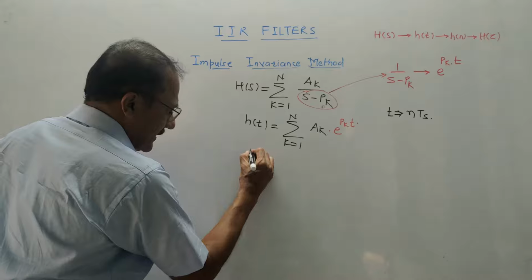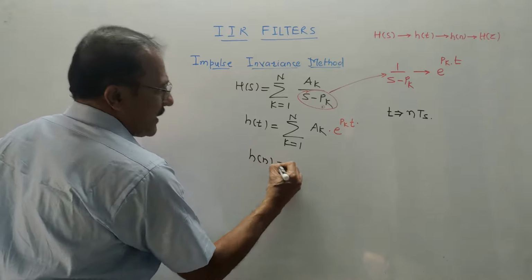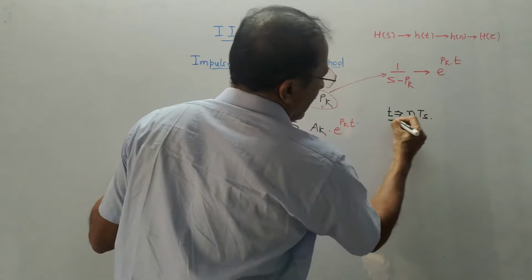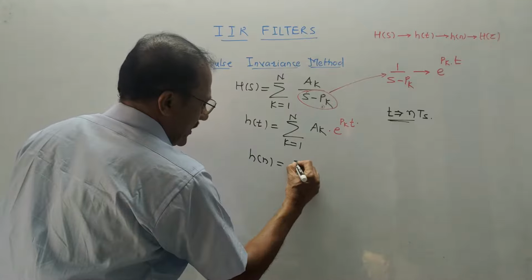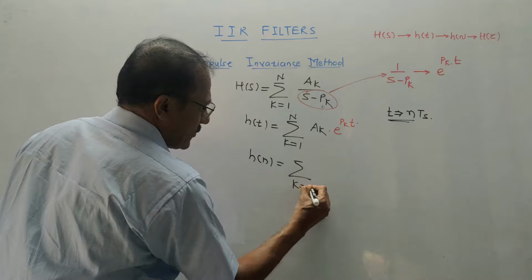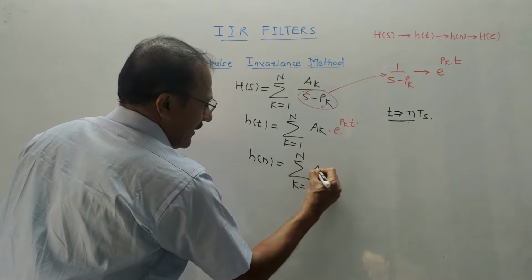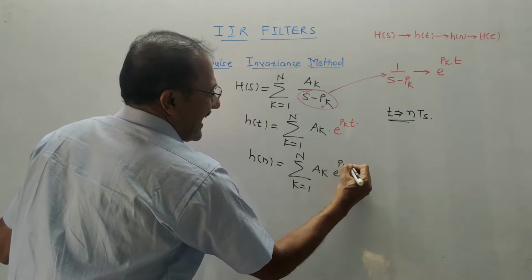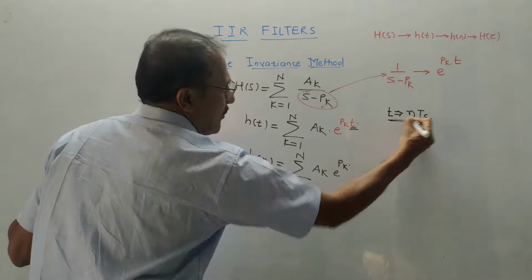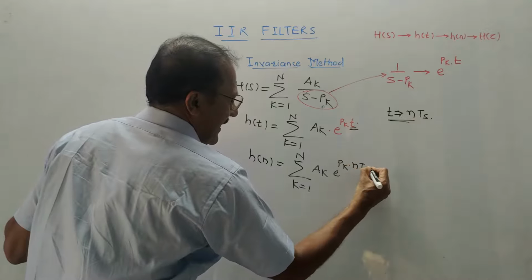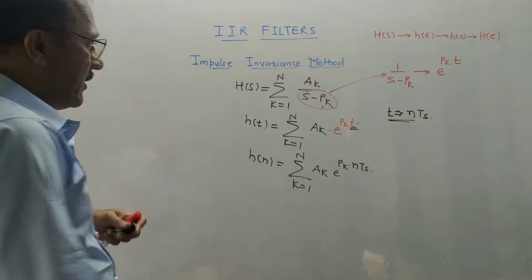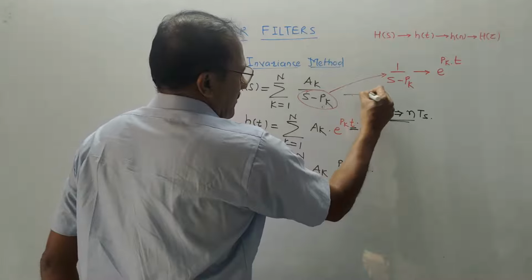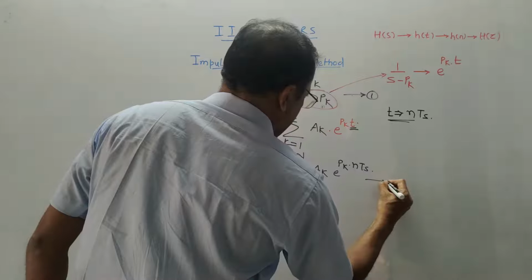So after this, I will get the equation of h of n simply by putting t equals n Ts. So the equation becomes summation k equals 1 to N of a_k e raised to p_k, which remains as it is. In place of t, I am putting n Ts. So it is n Ts. We will give some equation numbers, say equation 1 and this is equation 2.